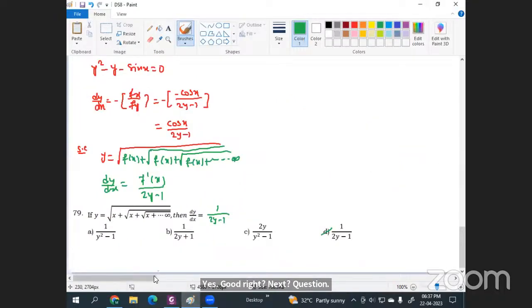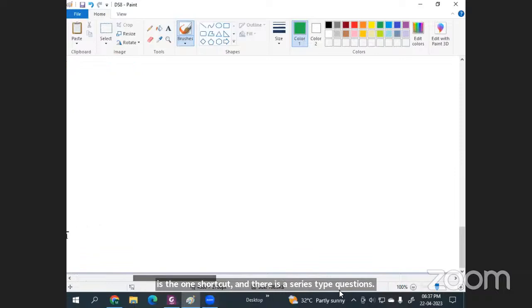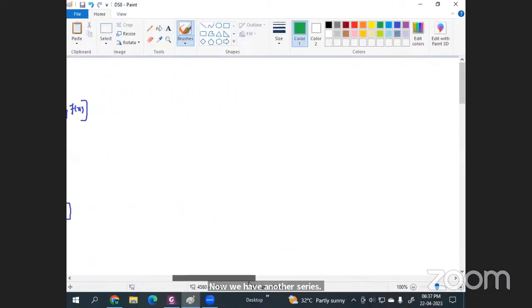Now, this is one shortcut, and this is a series type question. Type 1 series we have seen. Now we are going for another type of series. y equal to root x so on infinity.